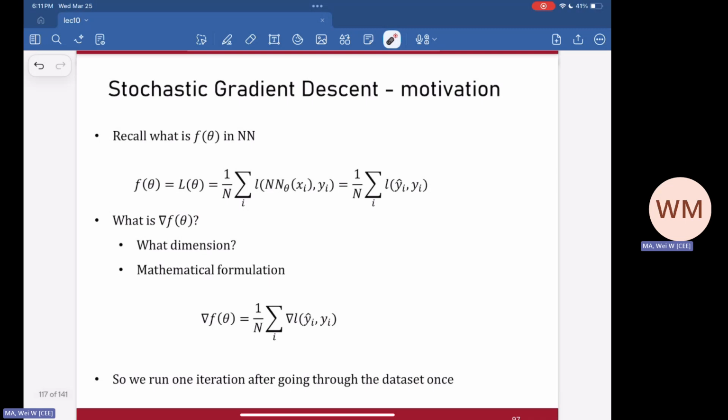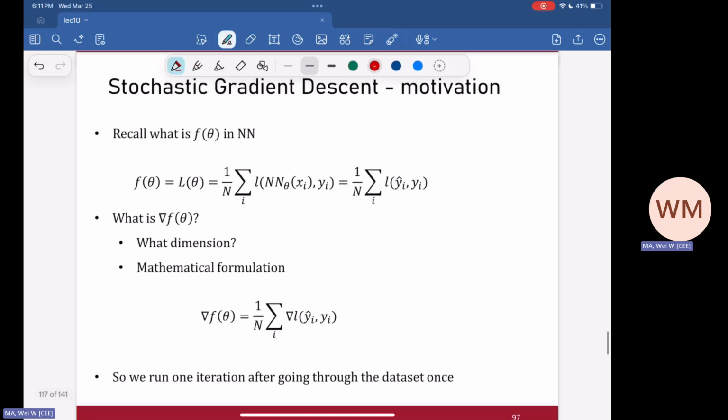The loss has a key issue: you have to sum over all the data. When you calculate the gradient, you need to calculate the gradient for each data point, then sum them together and take the average. This is very time consuming.